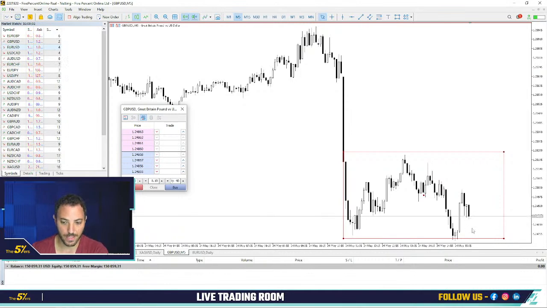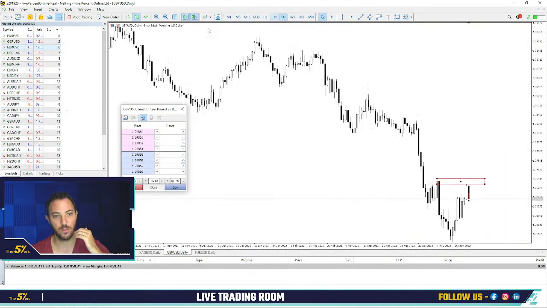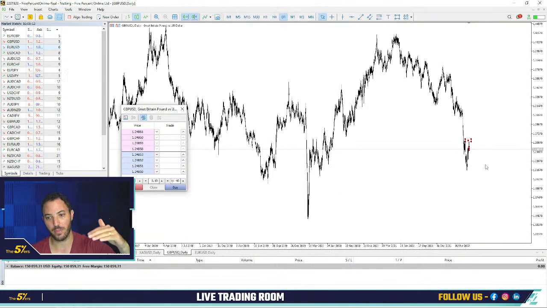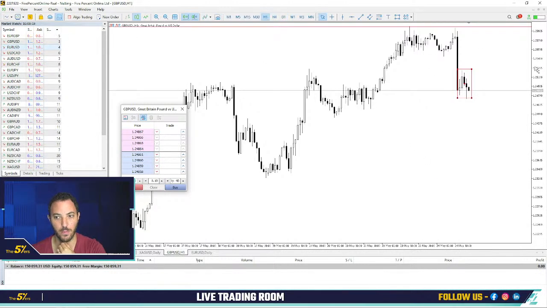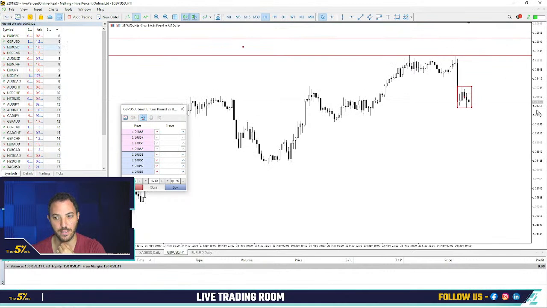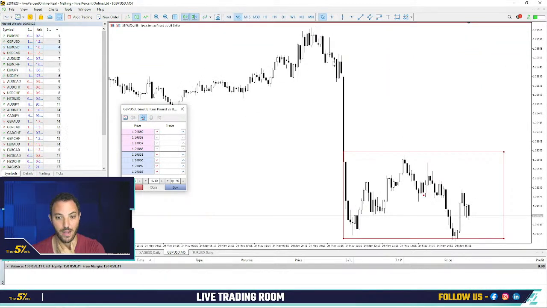If it goes down, that's an opportunity to go long, but we have a lot of selling pressure. We have all this momentum to the downside, and we're coming from this supply that we reacted to, and the reaction was quite high, quite important.